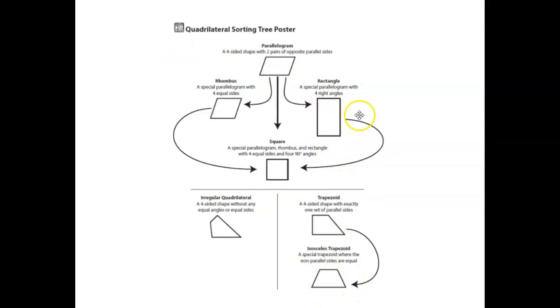After you see this, it'll make more sense that in this particular set of pictures, all of these quadrilaterals have 2 sets of parallel lines. Here's one set for these two, and then these two are another set, and all the way around. This third section they call irregular quadrilateral, and we'll talk about that later.